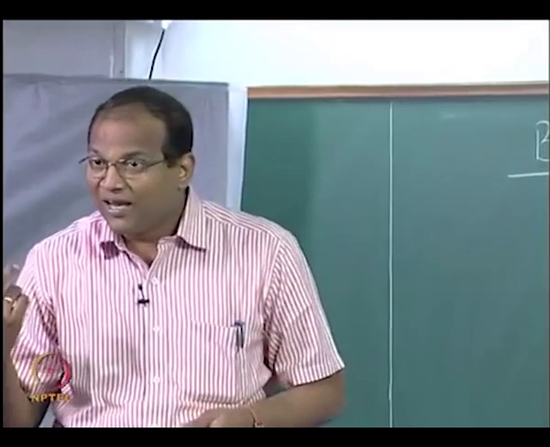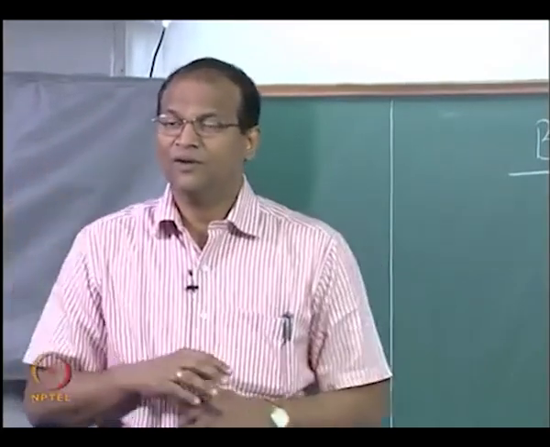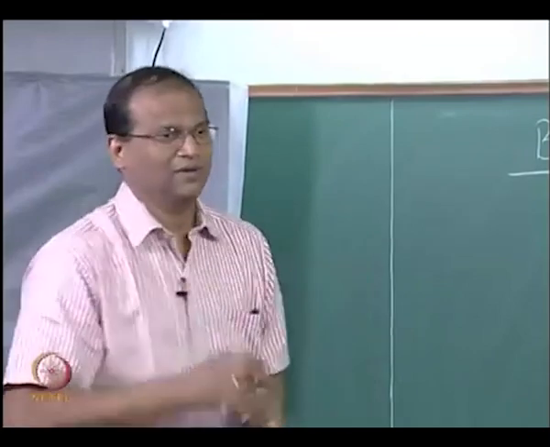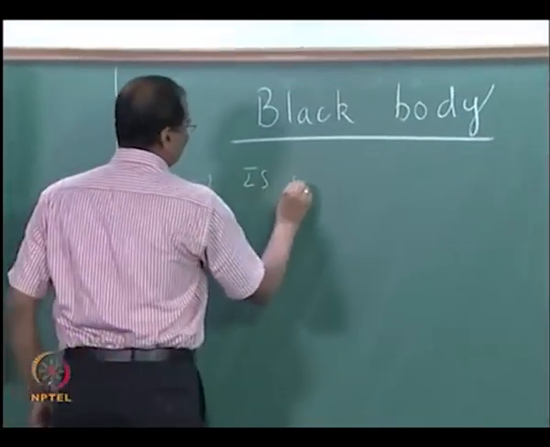So what does it imply technically? Reflection equal to 0. Transmittance equal to 0. So black body is 1.